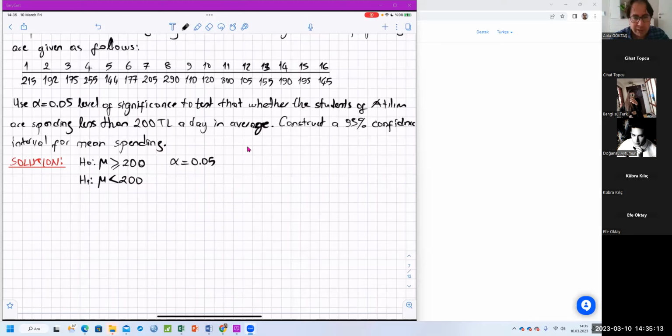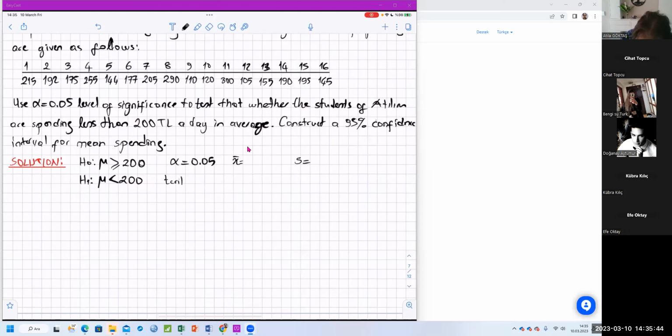Okay, that was the example. We need the x bar, the sample standard deviation, and we also need the critical value for 0.05, the left critical value.